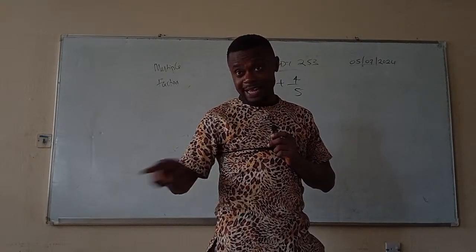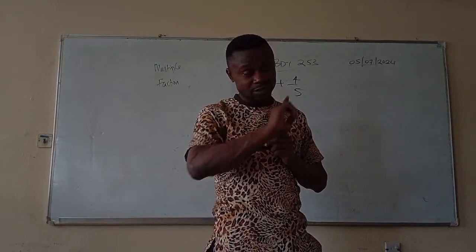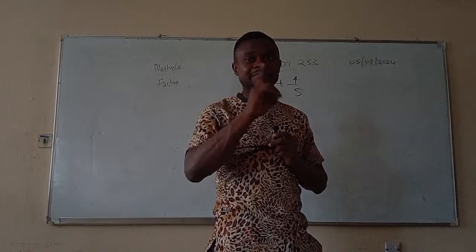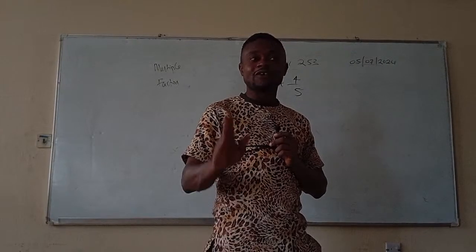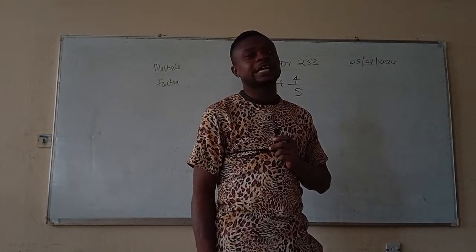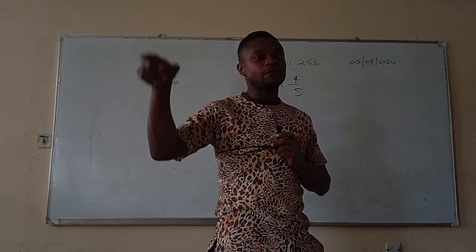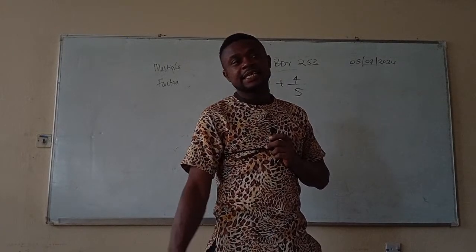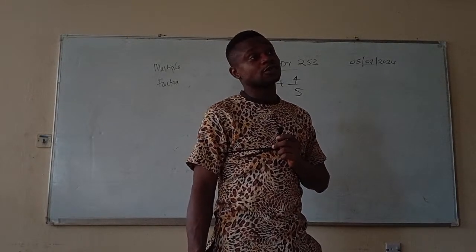Factor of a number x is any number that can divide x without what? Remainder. So any number that can divide x without remainder is a factor of what? X. Between 4 and 2, 2 can divide 4 without remainder. So 2 is a factor of what? 4. While 4 is a multiple of what? 2. 6 is a multiple of 2, while 2 is a factor of what? 6.